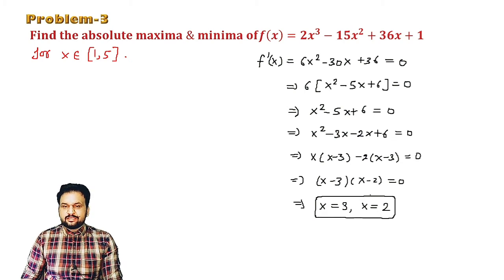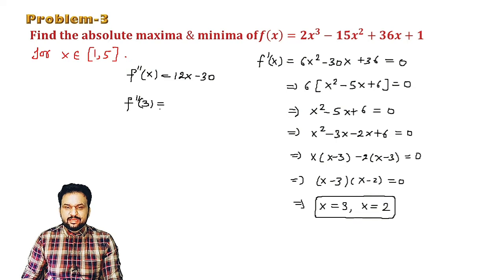Now time to find the second order derivative, and here I'm going to find the double derivative of this function. Got the first order derivative, this equation, so start from here: 12x minus 30. Now time to check how f double dash, the double derivative, reacts at 3.